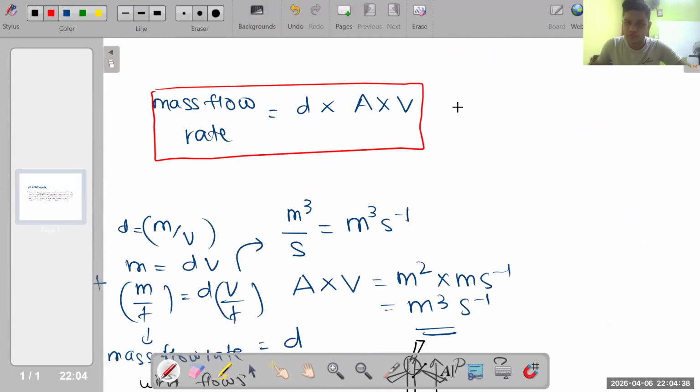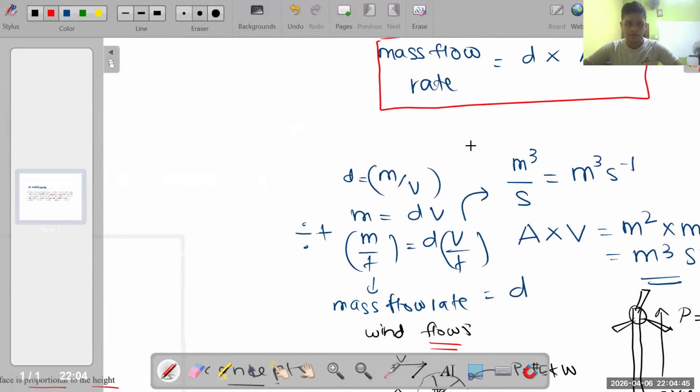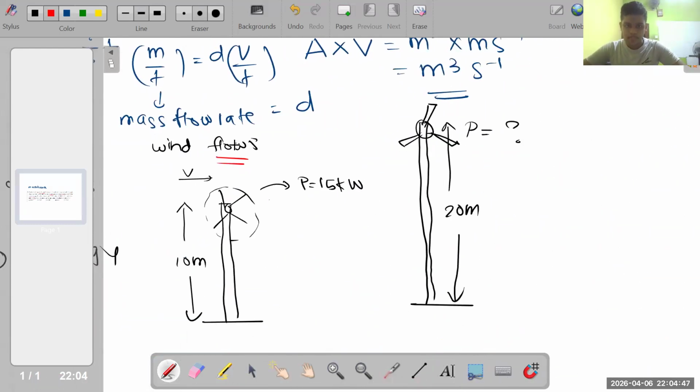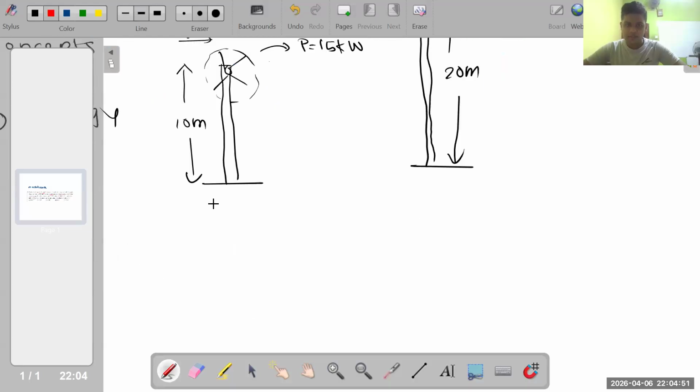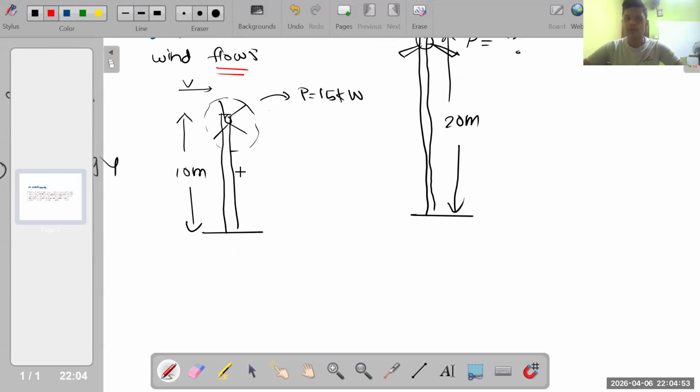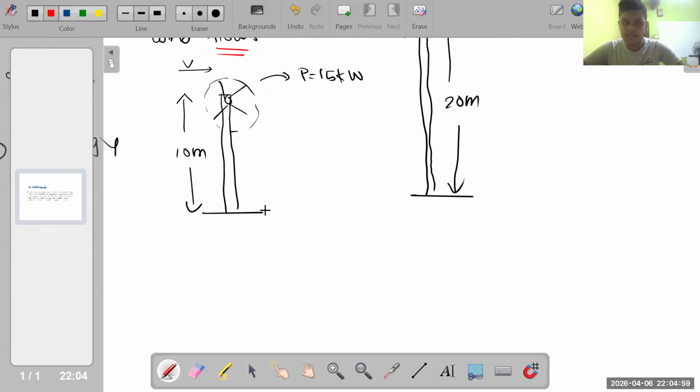So let's write that also: the velocity is directly proportional to the height. Now, first they have given the power and the height. Let's try to use this equation to connect these two, the power and the height.